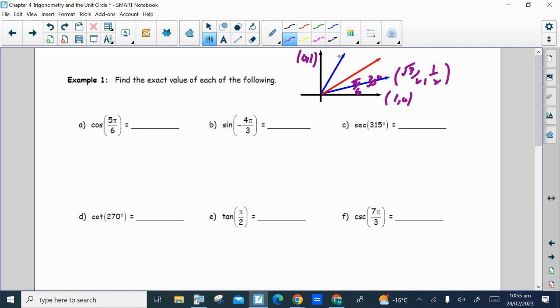Up here at that stop there, which was pi on 3 radians, or 60 degrees, to use the hand trick, that's the second last stop. It's the root of this many fingers over 2, comma, the root of that many over 2. Root of 1, which is 1 over 2, comma, root 3 over 2. So 1/2, comma, root 3 over 2.